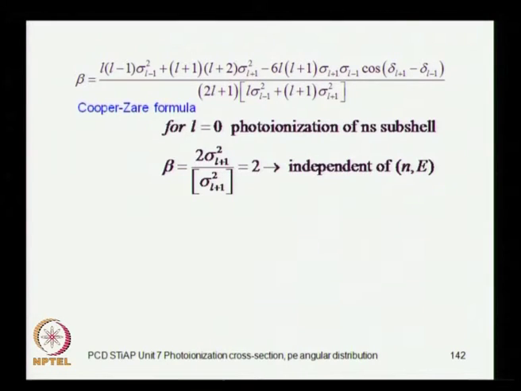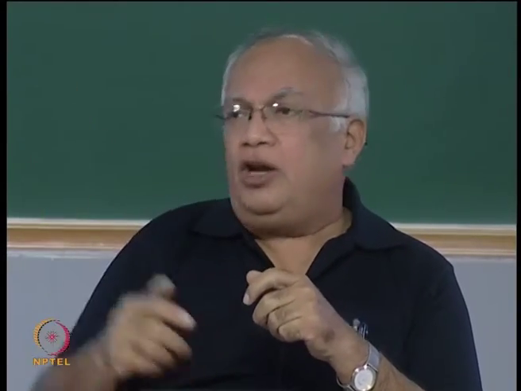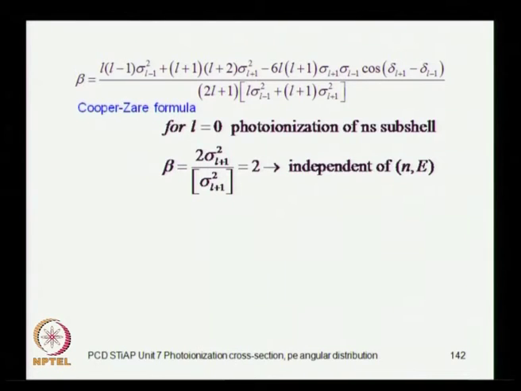and you can develop similar relations for other values of L for special cases. For example, we have discussed the Cooper minimum, and when you have a Cooper minimum in the L plus 1 channel, for example, if the transition corresponding to delta L equal to +1, that matrix element is going through a 0 which is a Cooper minimum, then sigma L plus 1 will go to 0 over there, this sigma L plus 1 will also go to 0, and then you will have only the remaining terms.